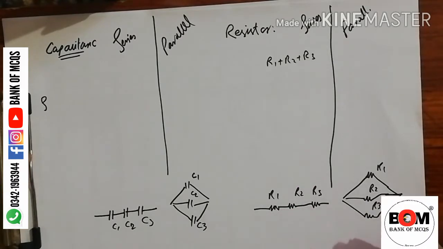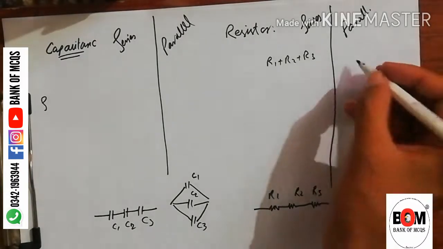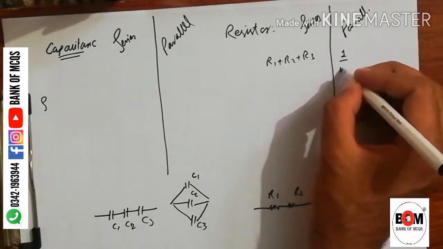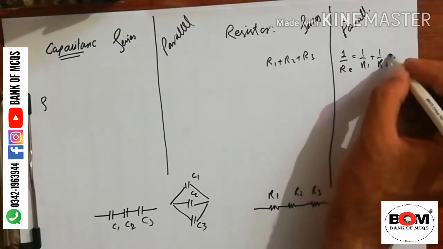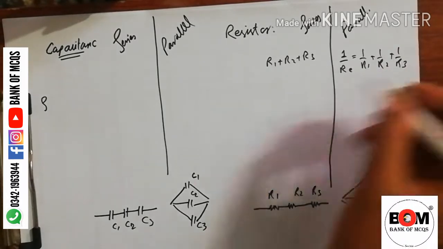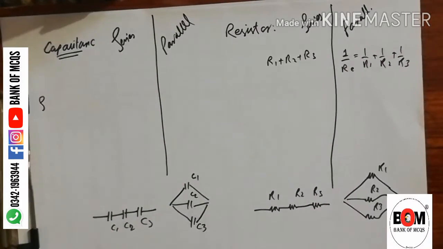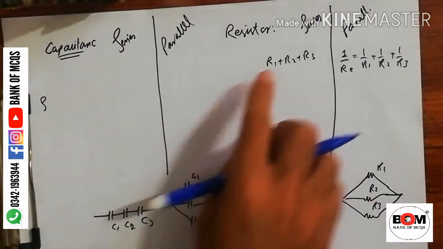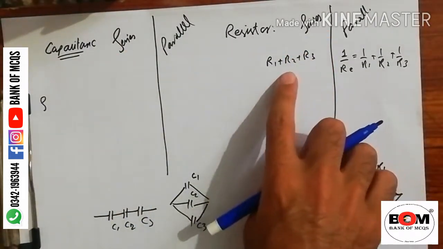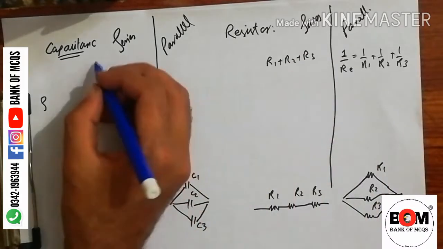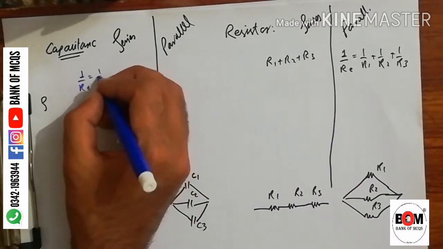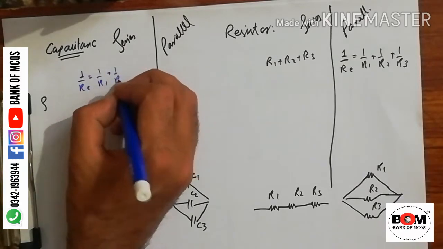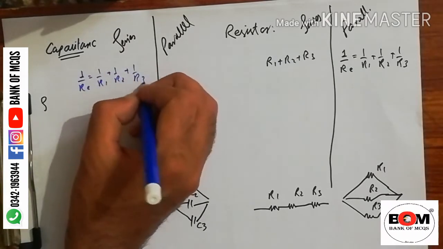Now for parallel there is no need to prove it, just remember it: 1 over R is equal to 1 over R1 plus 1 over R2 plus 1 over R3. Now for capacitance, if connected in series, whereas for resistance they are added, for capacitance it will be 1 over C is equal to 1 over C1 plus 1 over C2 plus 1 over C3.